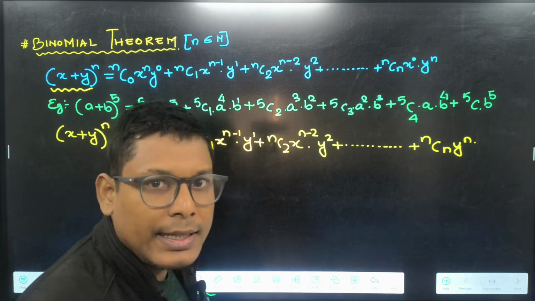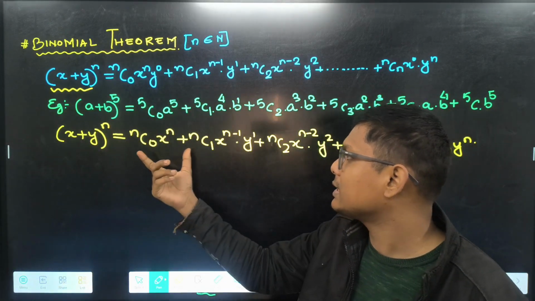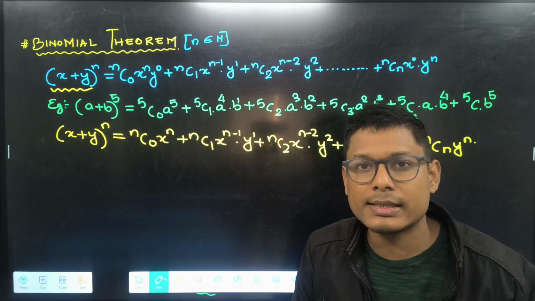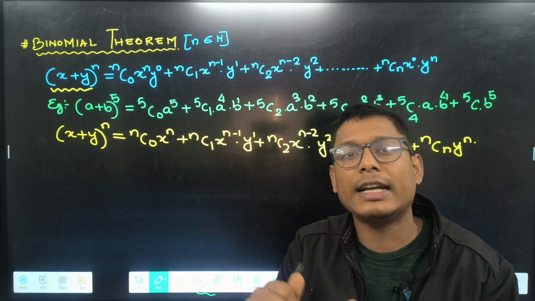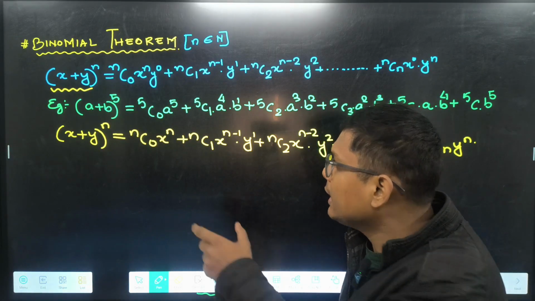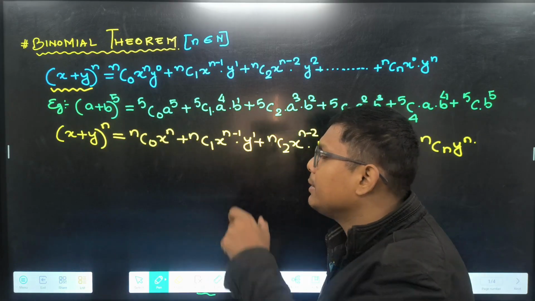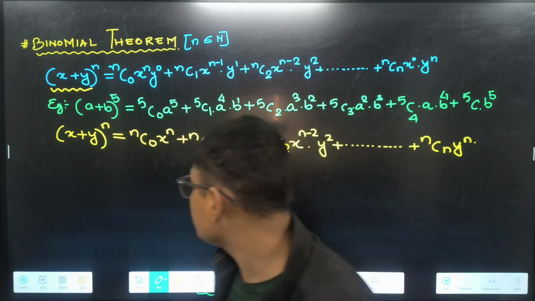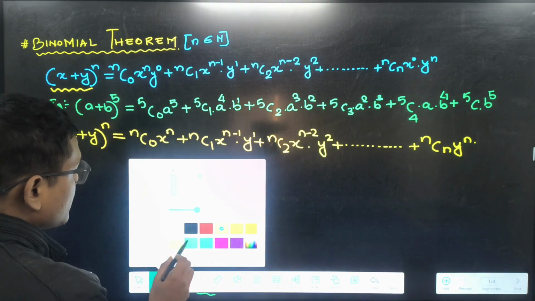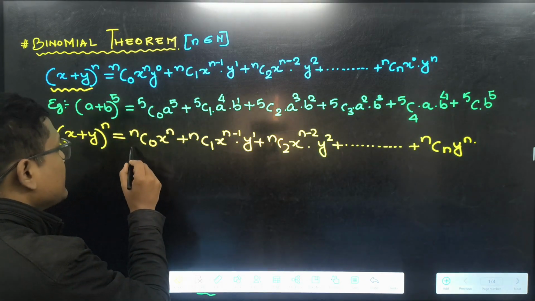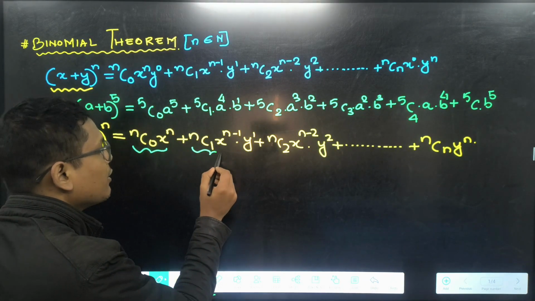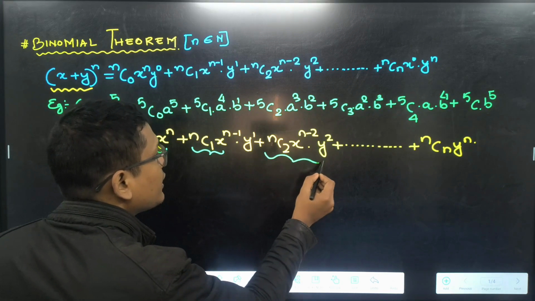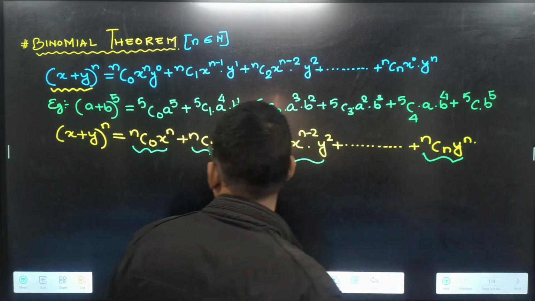In any expansion, the expressions that are separated by plus or minus signs are called the terms of that expansion. So here we can see this is one term, this is one term, this is also a term.